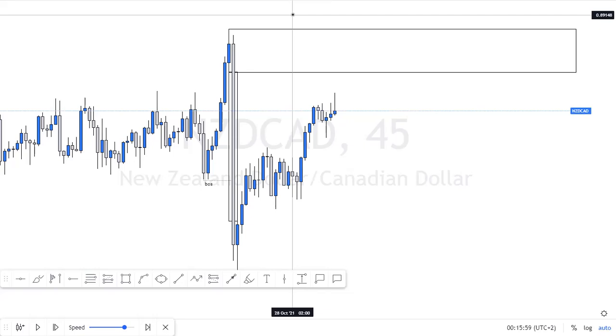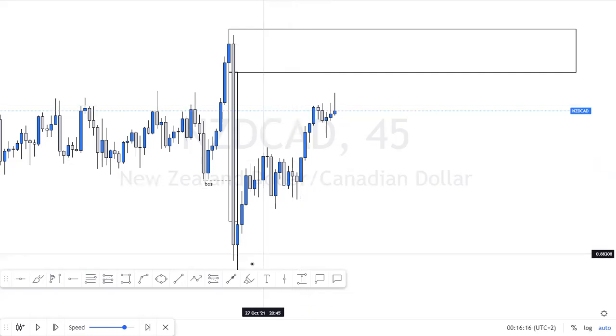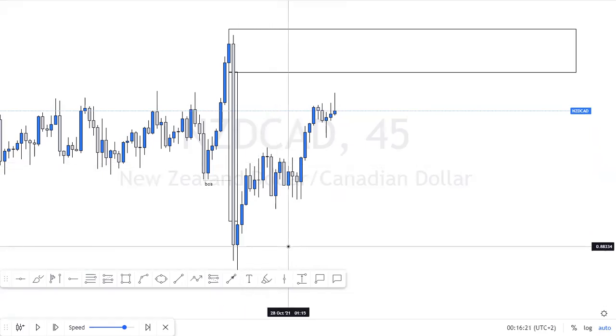Let me check this terminology. Yeah, it is sell side imbalance, buy side inefficiency.